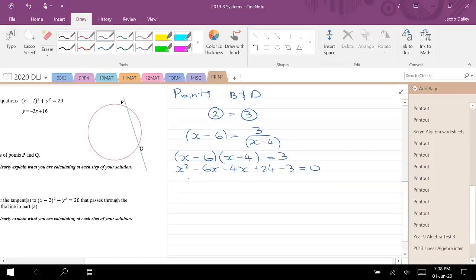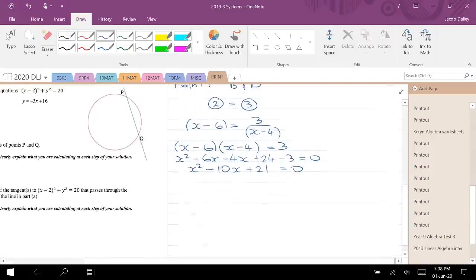Right, so if we collect our like terms, we're going to get x squared minus 10x plus 21 equals 0.